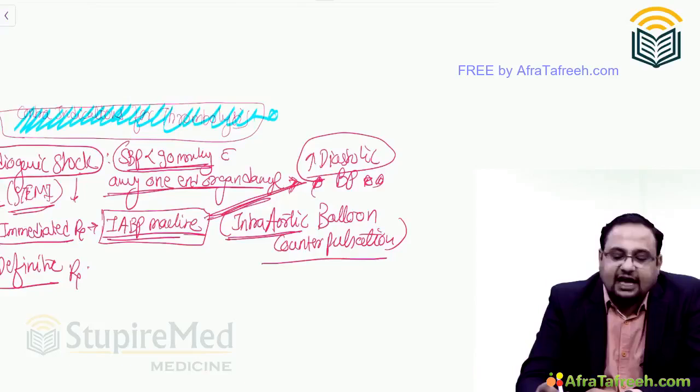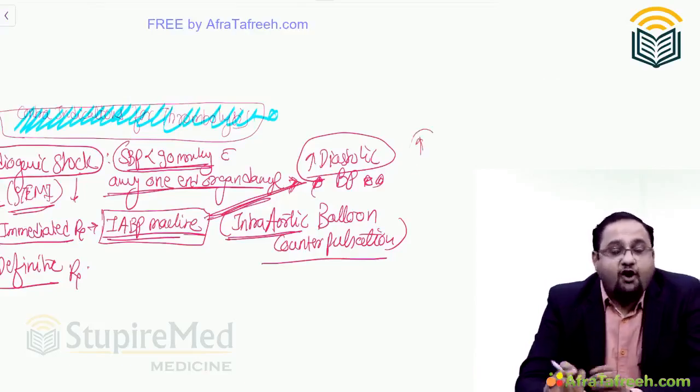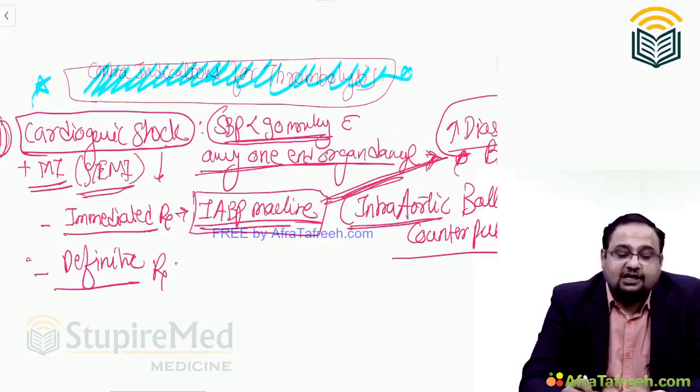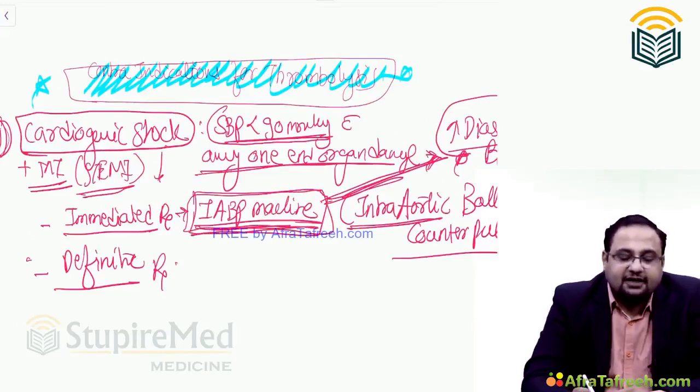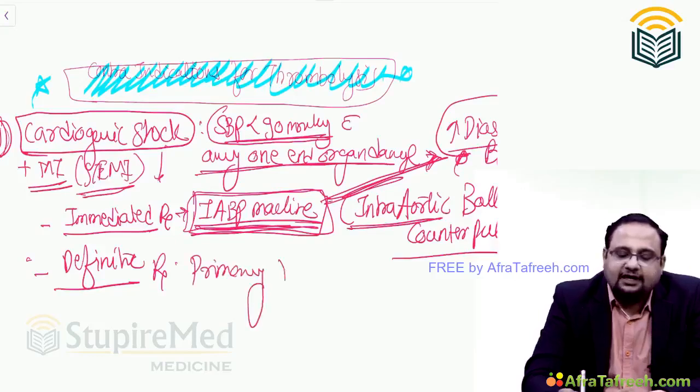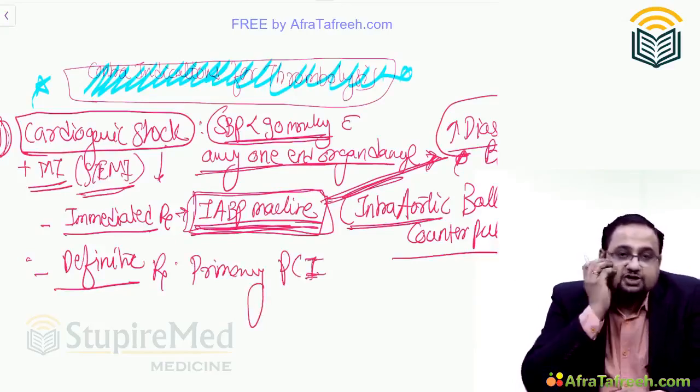So if you increase the diastolic pressure of the aorta, obviously you will increase the coronary perfusion pressure, and thus the coronary artery will perfuse more and our purpose would be solved. So immediately you need to put the IABP machine and increase the coronary perfusion, and the definitive treatment, since thrombolysis is contraindicated, is primary PCI, that is primary coronary intervention or primary coronary angioplasty.